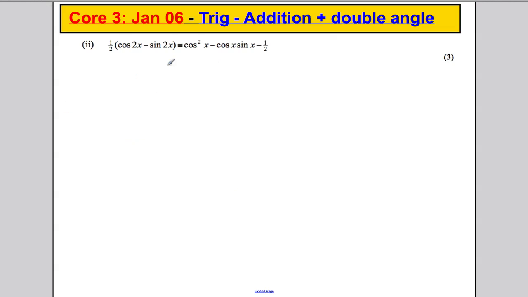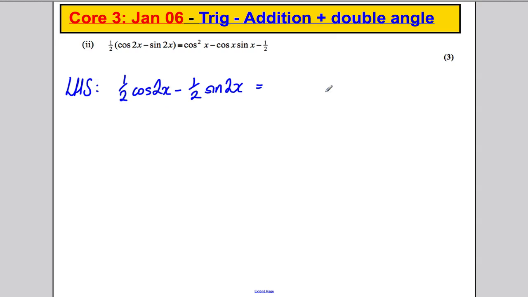Part 2, we're asked to show the following. Okay, so what we could do here is again start off on the left hand side. That would expand as a half cos 2x subtract a half sine 2x. We can use the double angle formula here.